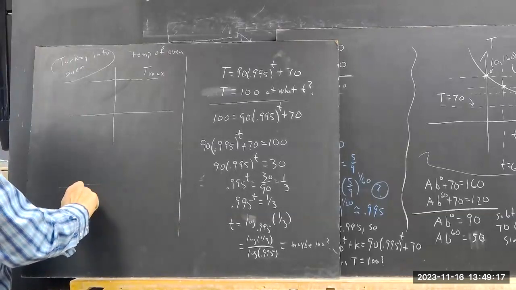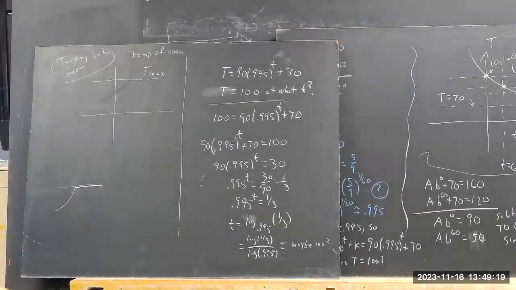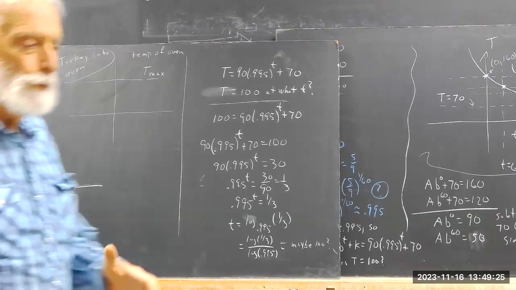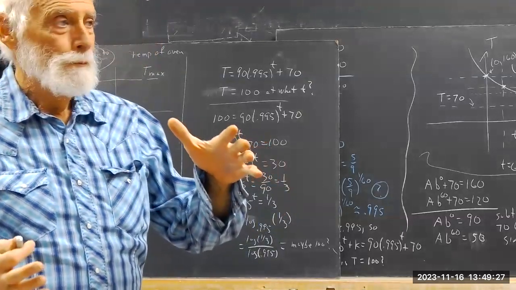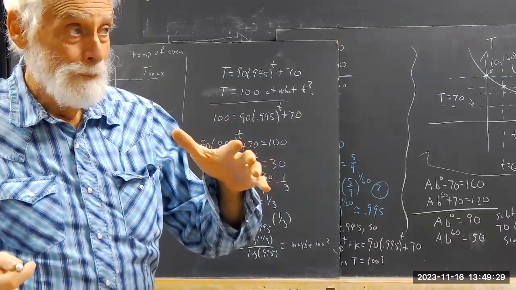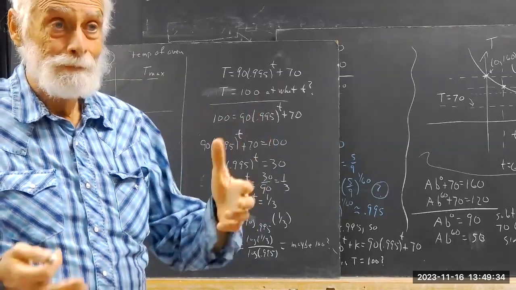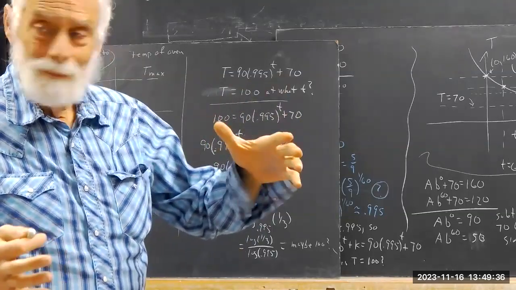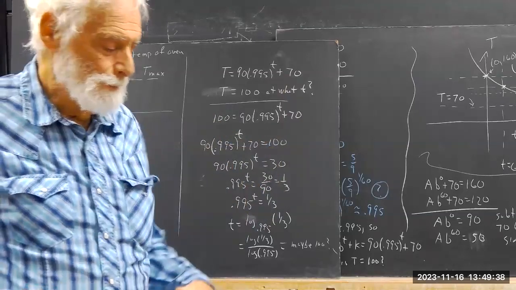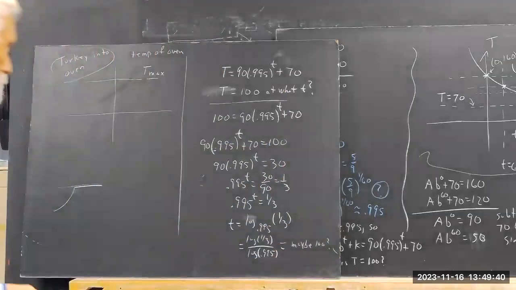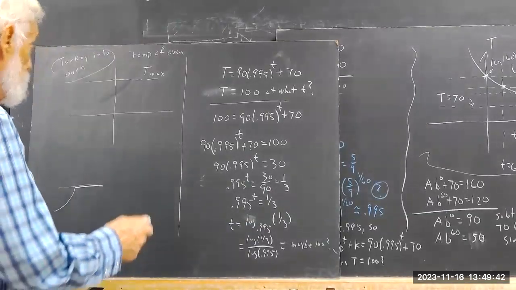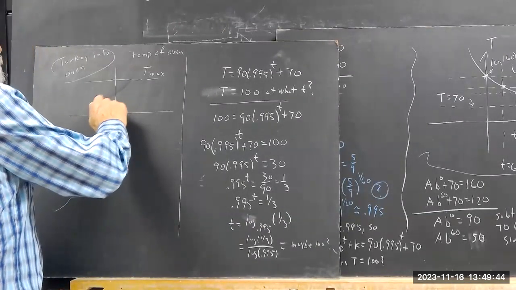It's not going to go up here and then suddenly stop. What you've got to think of is the further the turkey is from the oven temperature, the faster it's going to heat up. Because of the temperature difference. Okay, so that's a little bit of physics intuition I couldn't necessarily expect. But it's going to do something like this.